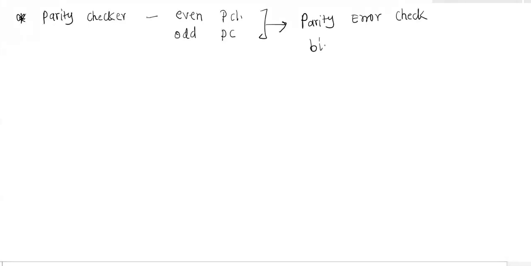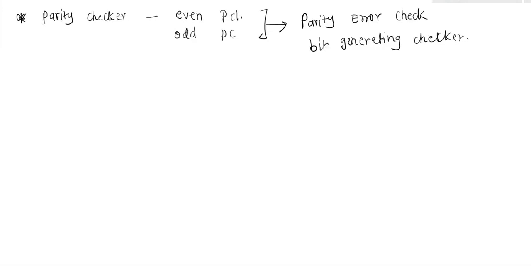This is the bit generated by the checker at the receiver side. Now let's take the same example, a 3-bit data is sent by the sender to the receiver along with the parity bit, either even parity or odd parity. The checker is receiving the data at the receiver side and checking whether any data loss is there or not.